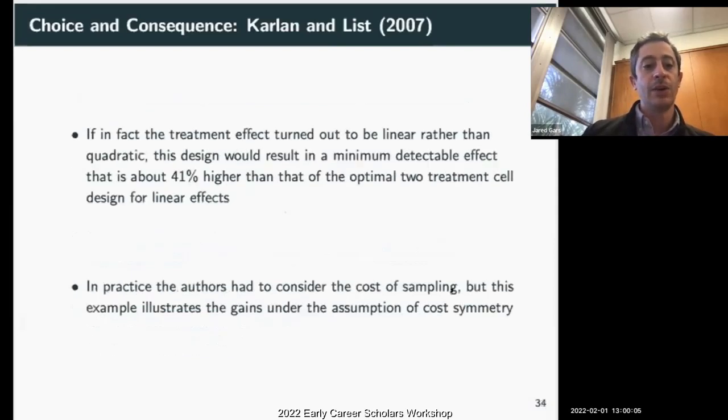If they wanted to test a quadratic effect instead of a linear effect, which we learned previously would mean that half of the sample would be in the 2:1 match, with the other half allocated evenly across 1:1 and 3:1, this would result in an MDE that's about 41% higher than the 2-cell treatment design for linear effects in the case of no differences in costs. In practice, however, as I said before, they had to consider the costs of sampling, but the example illustrates the trade-offs in power with different designs and how taking costs into account can potentially change your power calculations dramatically.